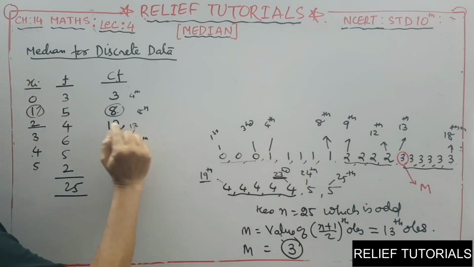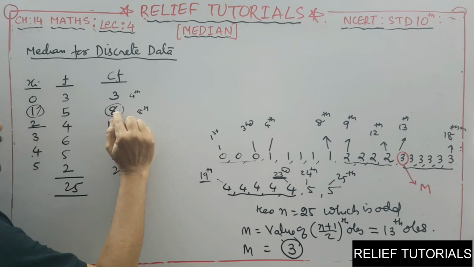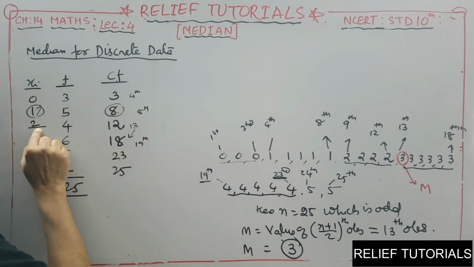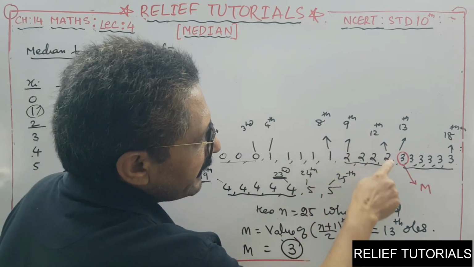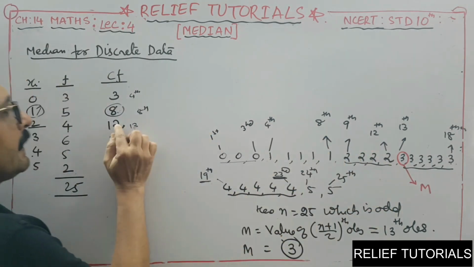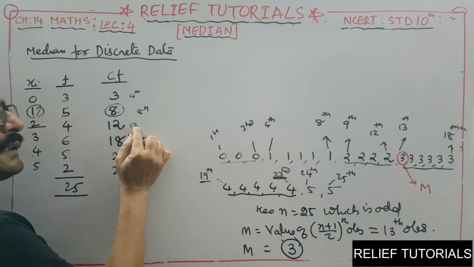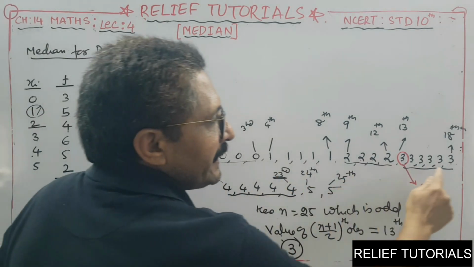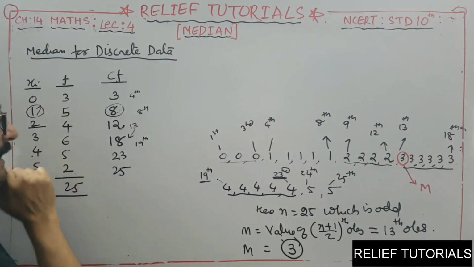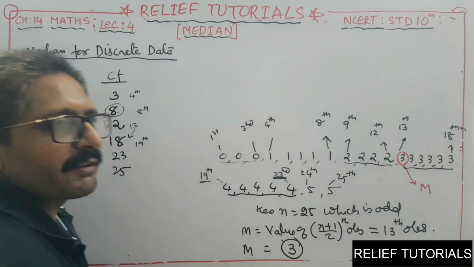Now 12. After 8, 9. So from 9 to 12 it is 2. Now after 12, 13. So from 13 to 18, it is 3. And ours is the 13th observation.